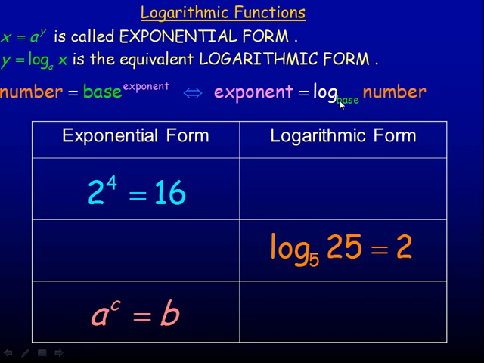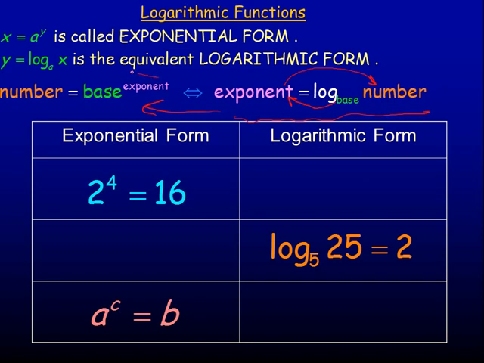Now, think of it this way. And I'm going to use some arrows here. If you're converting from the log form to the exponential form, so let's say you're given this one over here, and we're to convert into the exponential form. If you take this base and raise it to that exponent, it always equals that number.